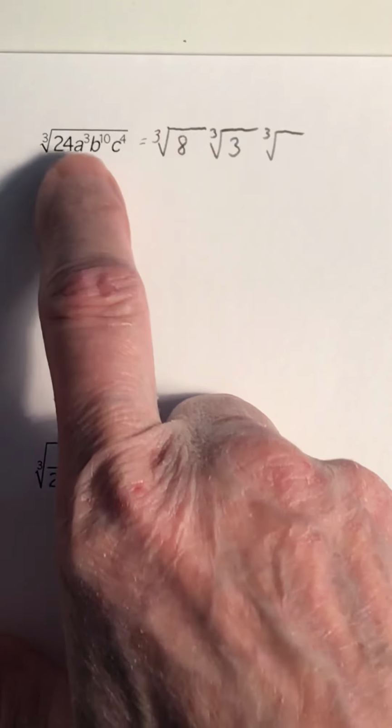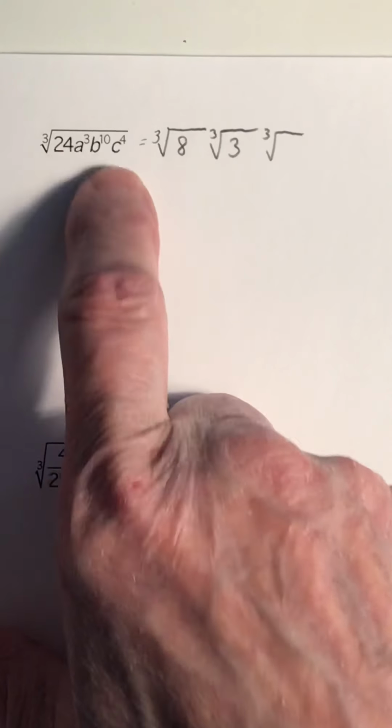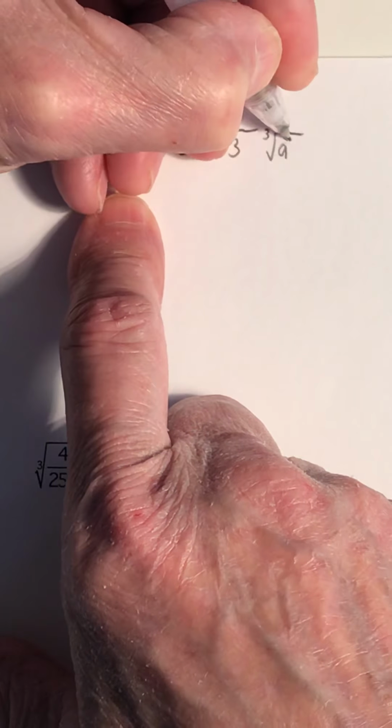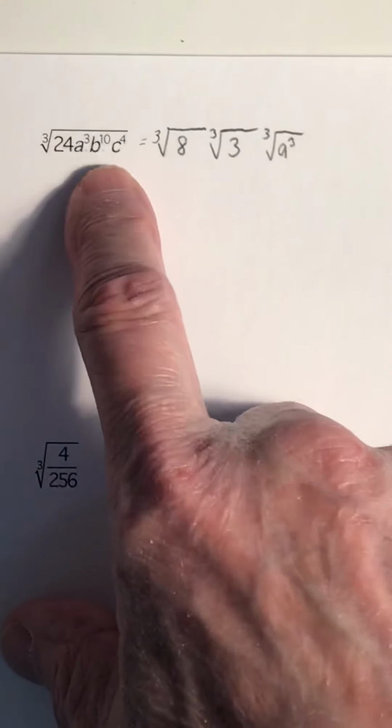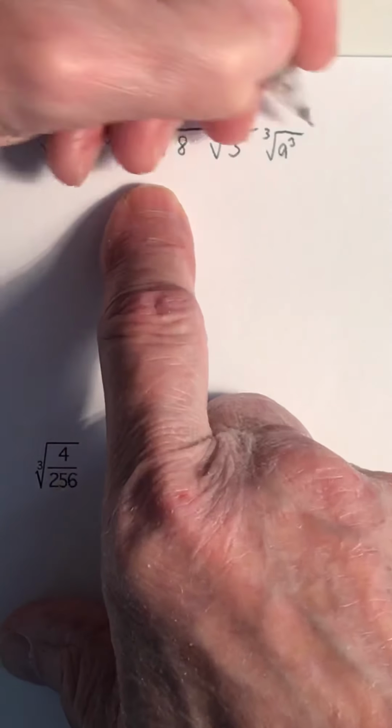Now for the variables, a to the 3rd, that's divisible by 3, so we'll just leave that sit for the moment. 10 needs to be broken down.